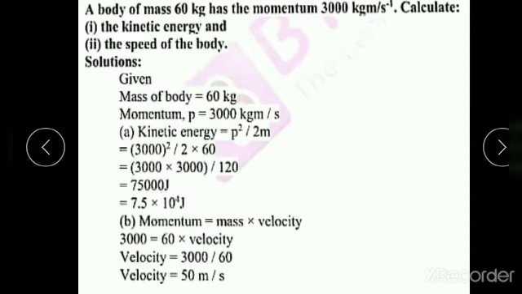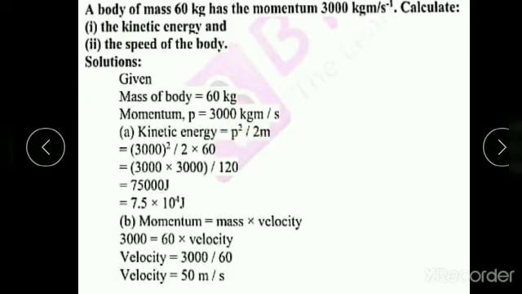The next one: a body of mass 60 kg has a momentum of 3000 kg meters per second. Calculate the kinetic energy and the speed of the body. So you know the relationship between the kinetic energy and the momentum. The mass of the body is 60 kg and the momentum p is 3000 kg meters per second. Kinetic energy is equal to p squared divided by 2m.